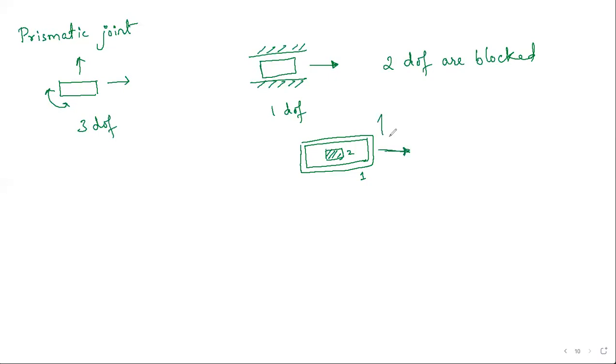They together can go in this direction. Independently they cannot go, together they can go. And then there is a possibility of motion of this slider also on its own inside. And even they can together rotate. All together they can rotate also. So how many degrees of freedom are possible here? 4 DOF are possible. Okay.